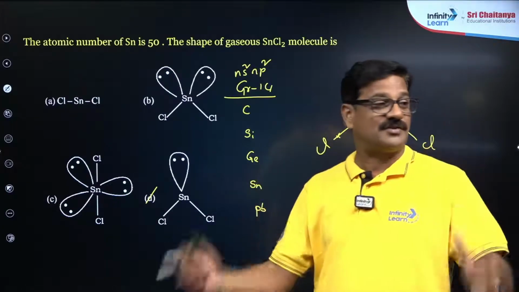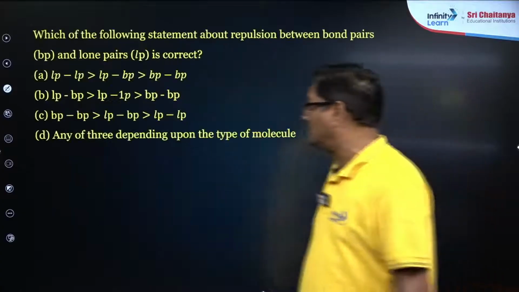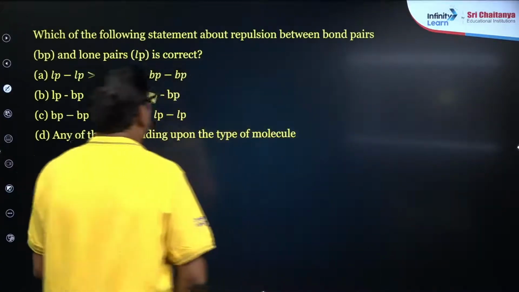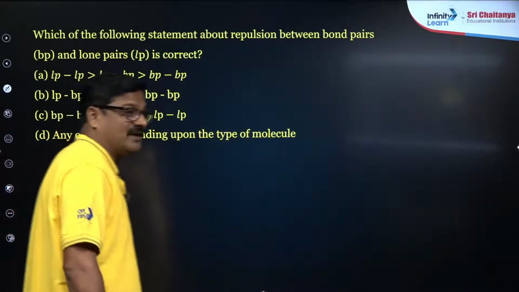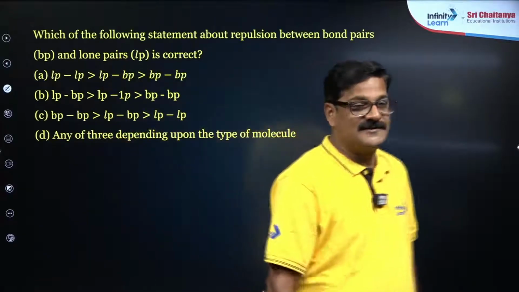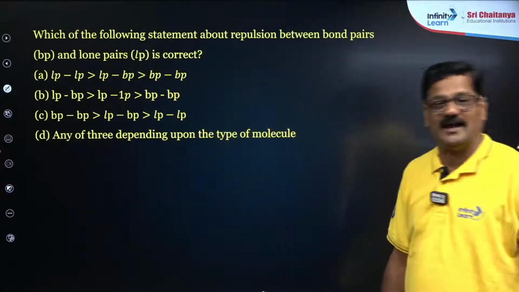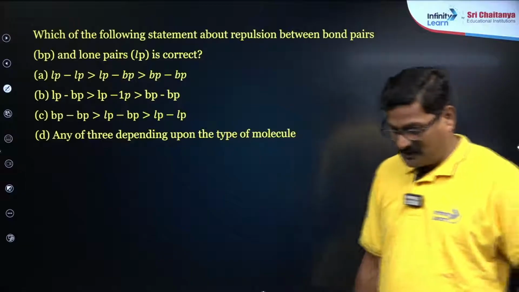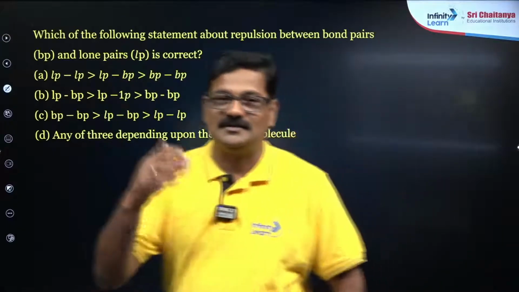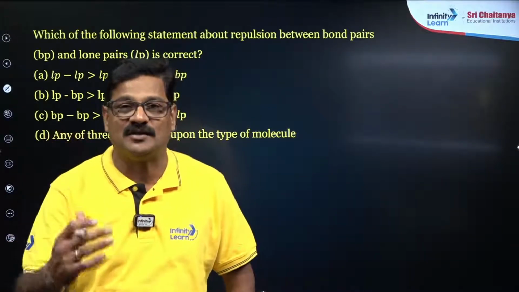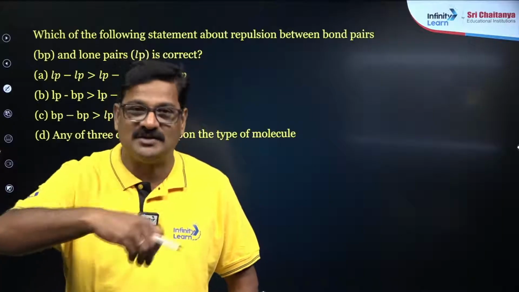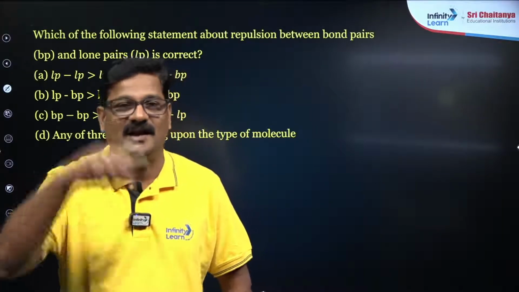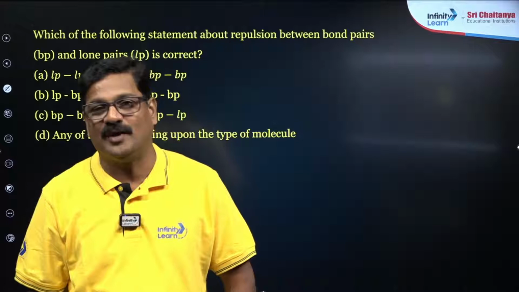So follow my instructions. One more question: which of the following statements about the repulsion between the bond pairs and the lone pairs? According to valence shell electron pair repulsion theory, the molecular shape is based on the electrons present on the central atom of a polyatomic molecule.